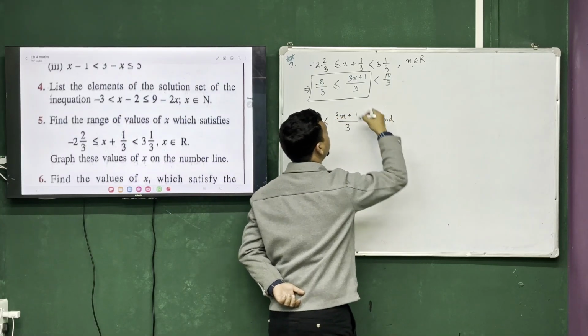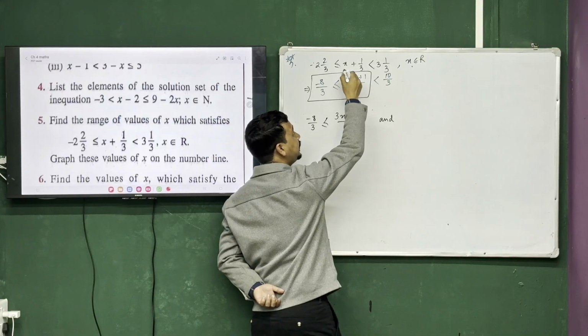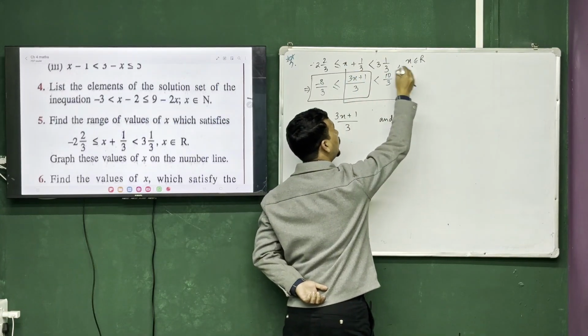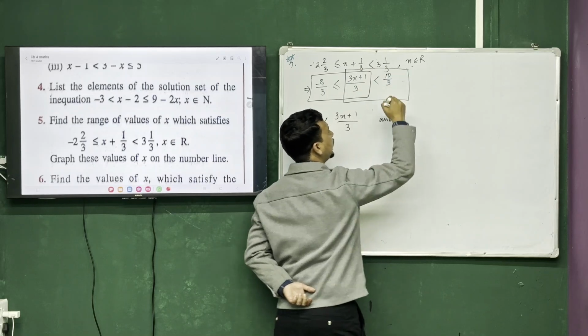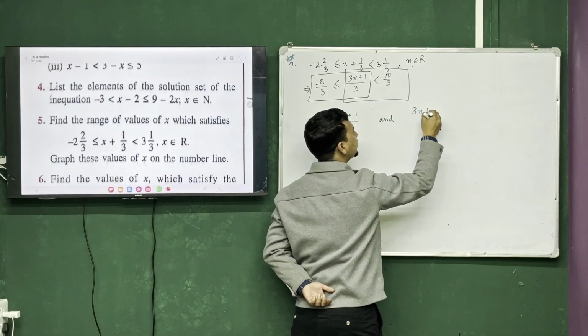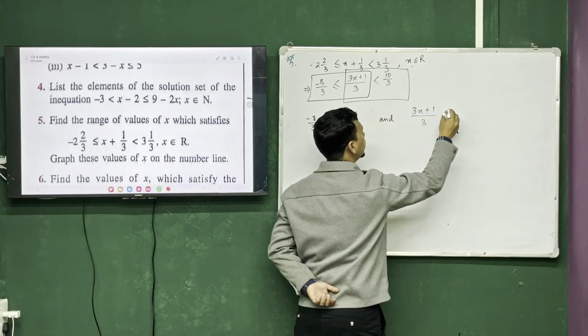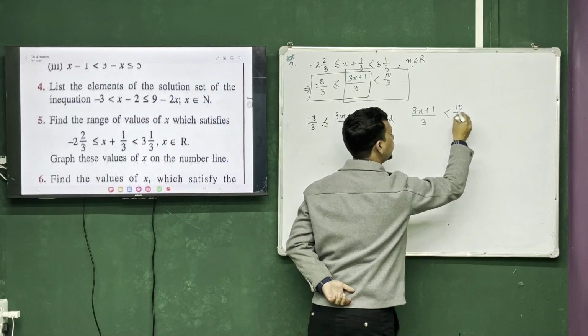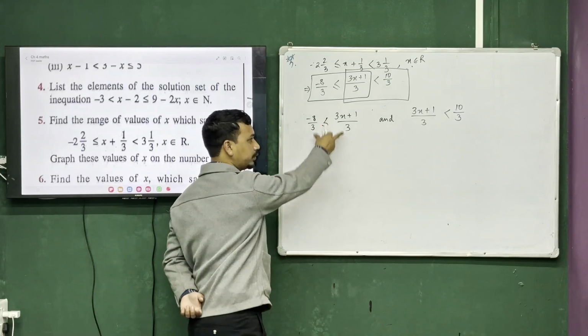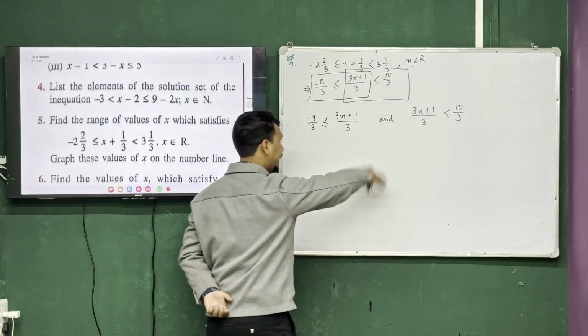And then from the end of the next inequality till the end of the inequation, sorry. So it'll become 3x plus 1 by 3 is less than 10 by 3. Okay. All right. Now we know how to solve them individually. So go ahead and solve them.